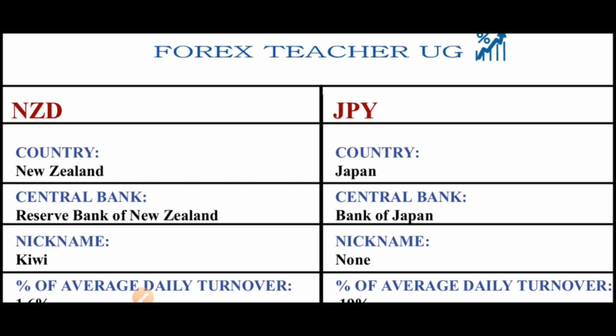When you understand these currencies, sometimes you can be well conversant with trading them, or sometimes it's better you have their knowledge so that when you look at them, you know where they come from, the banks that lead them, and how they perform in the Forex market.